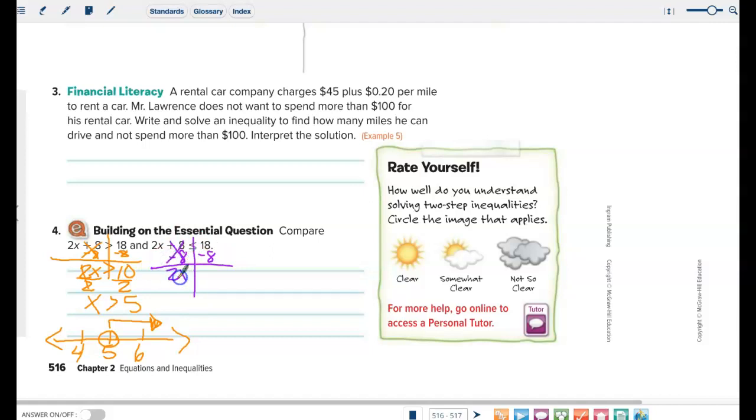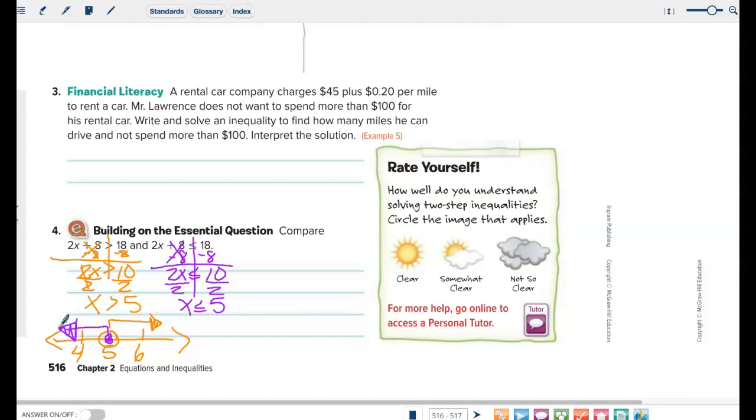I get 2x is less than or equal to 10. And again, going to divide by 2, divide by 2. x is less than or equal to 5. So this time, if I graph that on that same number line, x could equal 5, or it could be less than that.